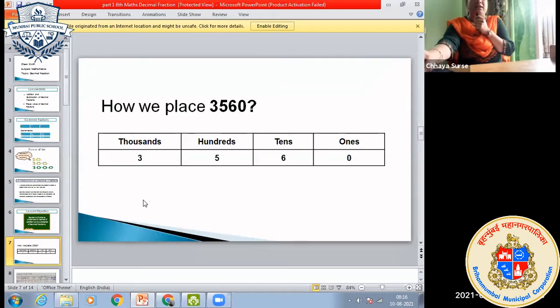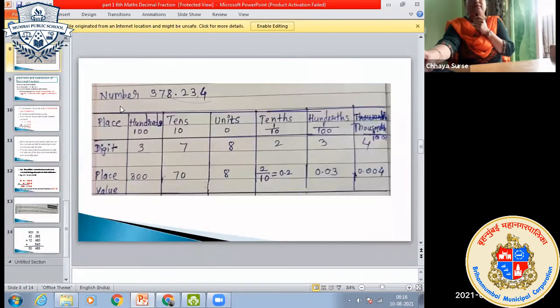Now next we see the number. I have given the number here, 378.234. When you are reading a decimal fraction, listen. You have to read the number as it is, according to its places. This 3 is on which place? Hundreds place. This 7 is on the tens place.